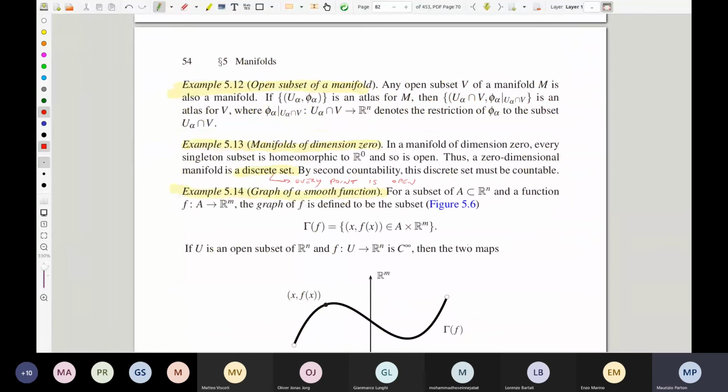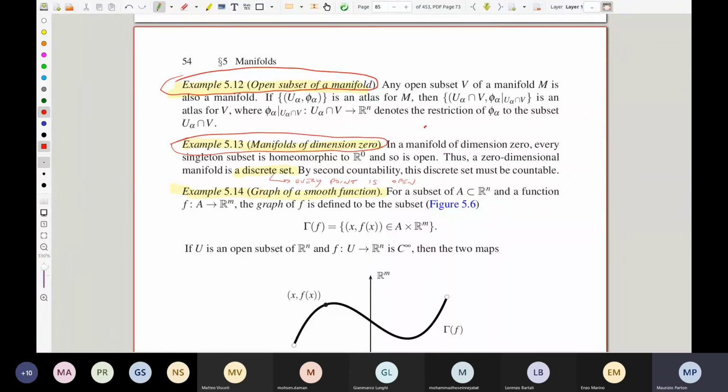Examples. We already said that every Rn is a manifold. Now we are saying it is a smooth manifold. And there are manifolds of dimension 0 that locally look like R to 0. What is R to 0? Just a point. So what are manifolds of dimension 0? Manifolds such that every point is an open set, because R0, the single point, is open.